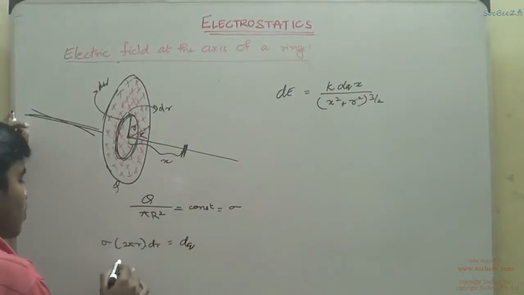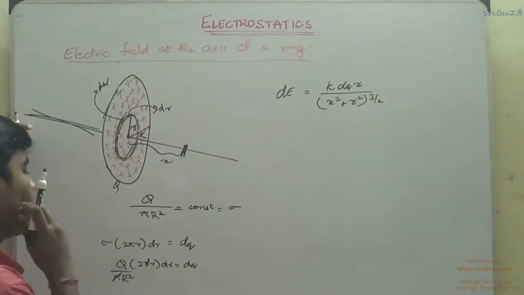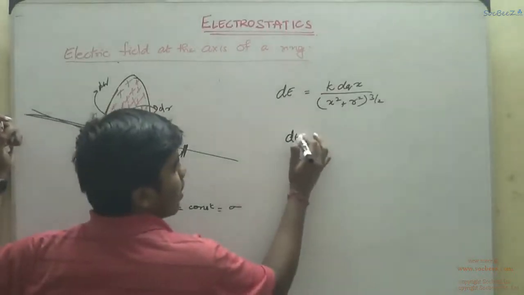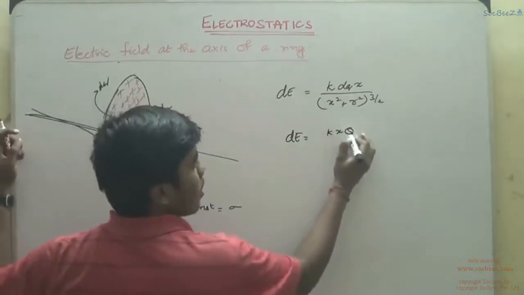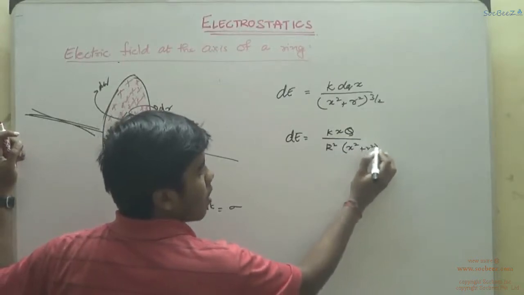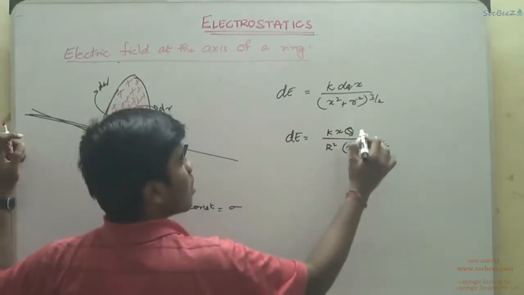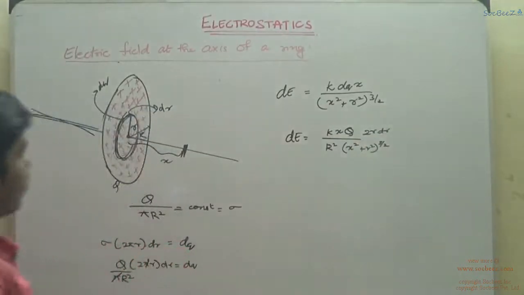Now what is sigma? Sigma is q by pi R square times 2 pi r dr is equal to dq. Pi gets cancelled. From here we substitute here and we get dE is equal to kx, in place of dq we write q by R square times 2r dr.